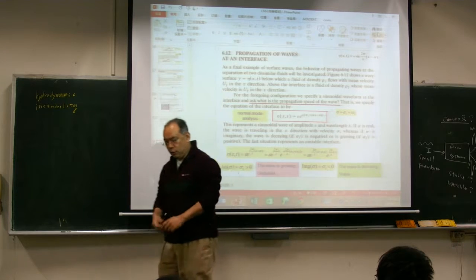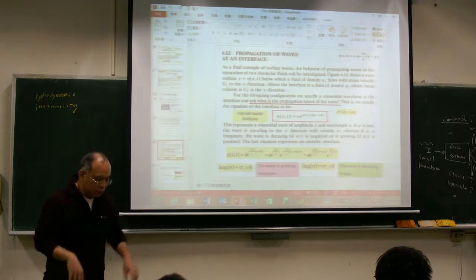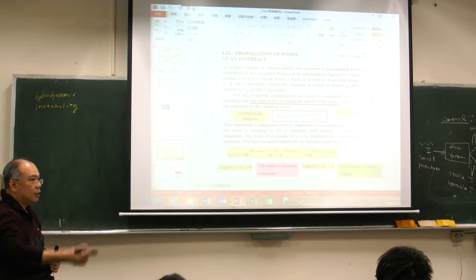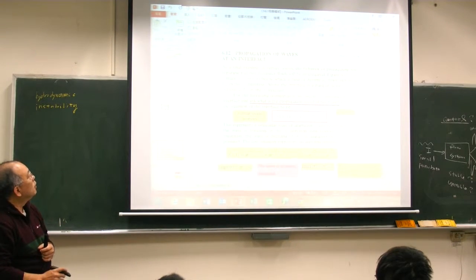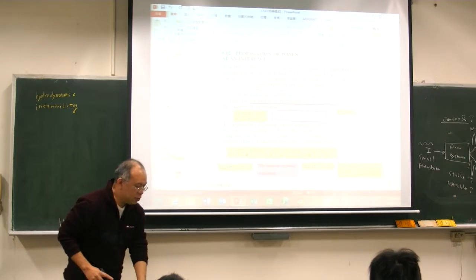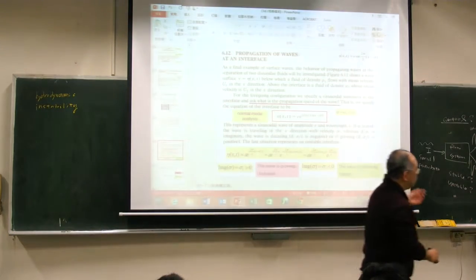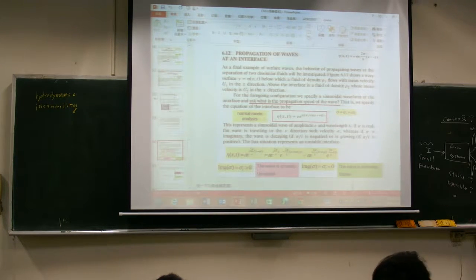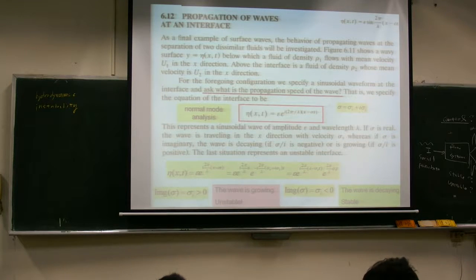This chapter also gives you this concept to test a flow system. For this course we only introduce one physical property: a wave propagating along the interface.